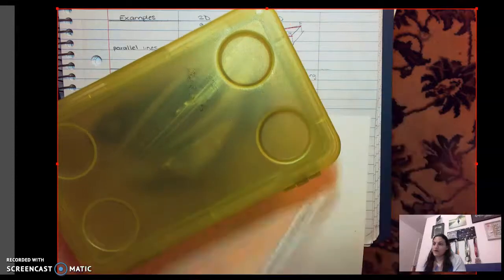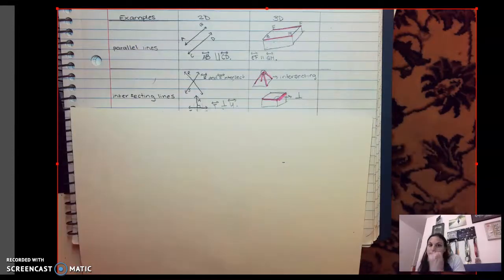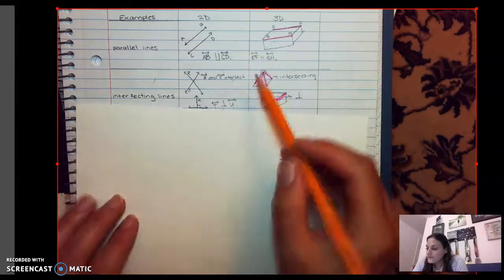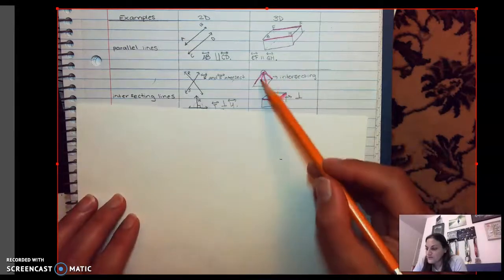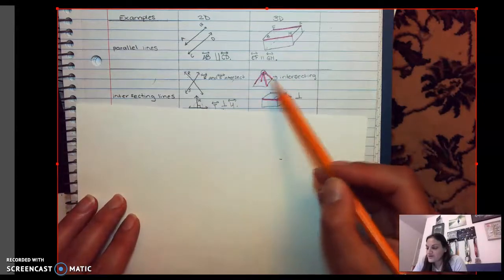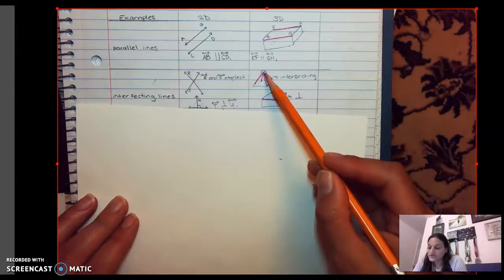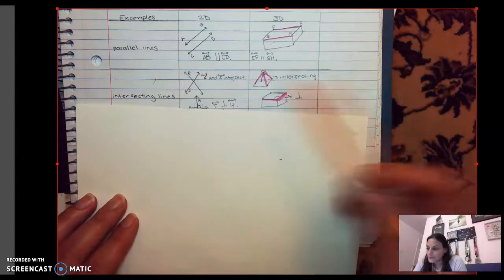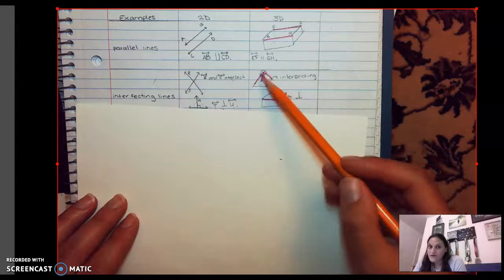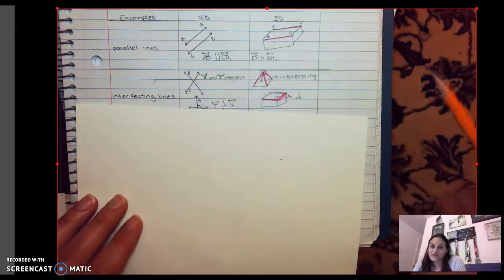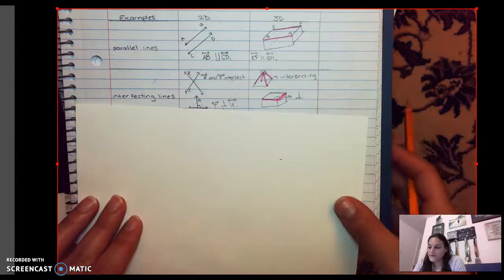If you had a pyramid shape, like a big triangle or any kind of other 3D object, this point of intersection is where this line and this line and this line meet. So all those would be intersecting. They either cross or they meet at that point.